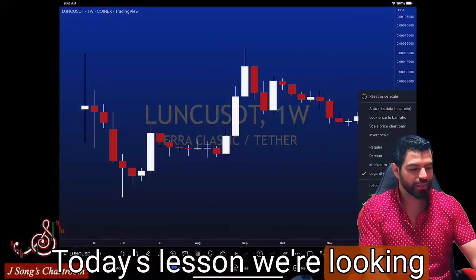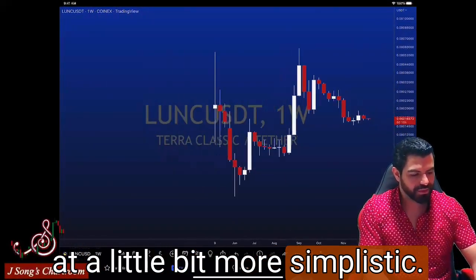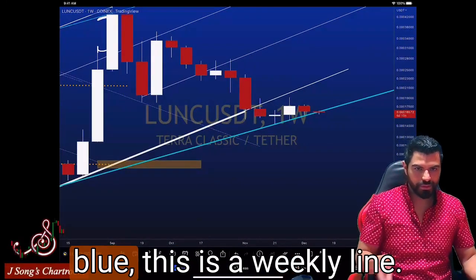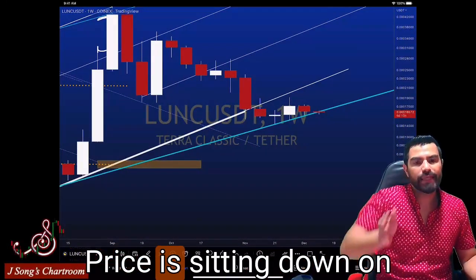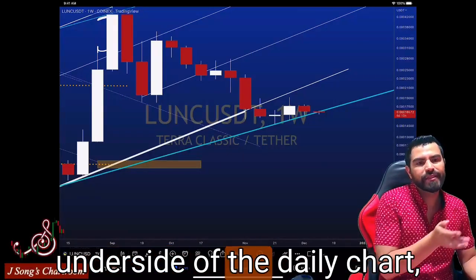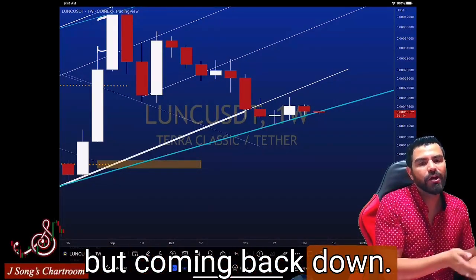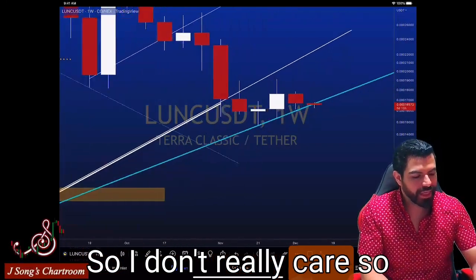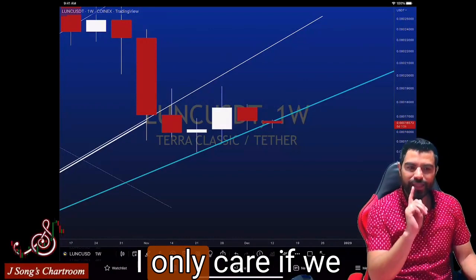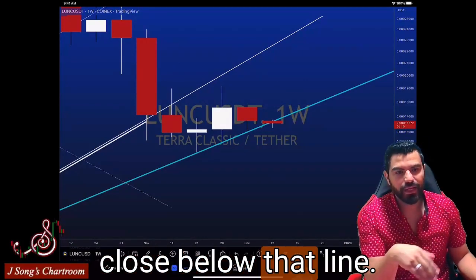Today's lesson, we're looking at it a little bit more simplistic. On the weekly chart, in the blue, this is a weekly line. Price is sitting down on top of it, coming up to the underside of the daily chart, but coming back down. So I don't really care so much that we are actually underneath this line. I only care if we close below that line.